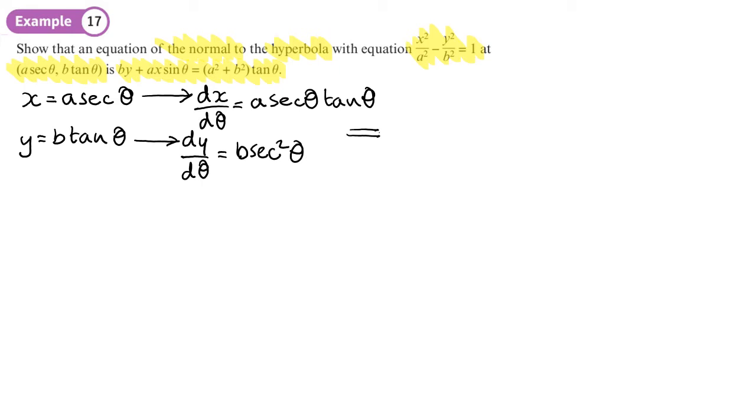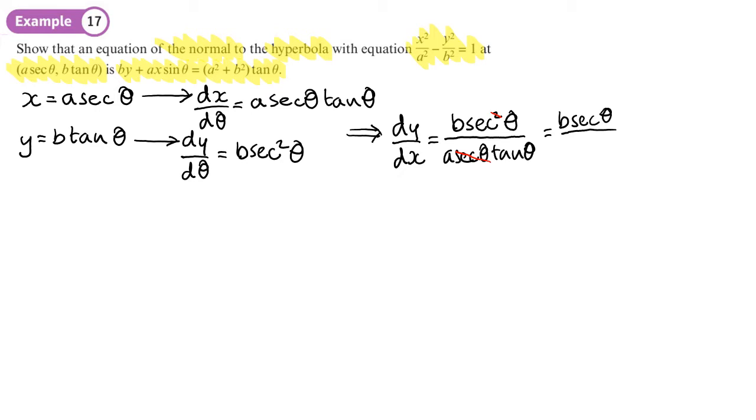Okay, so we want dy/dx, so we're doing parametric, so that's going to be dy/d theta, so b sec squared theta, over dx/d theta, which is going to be a sec theta tan theta, and I can see straight away that this sec theta is going to cancel out with one of these, so that just leaves b sec theta over a tan theta.